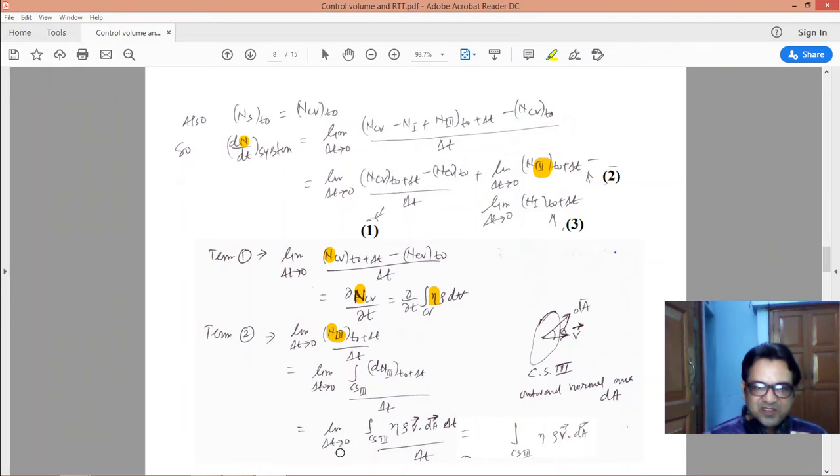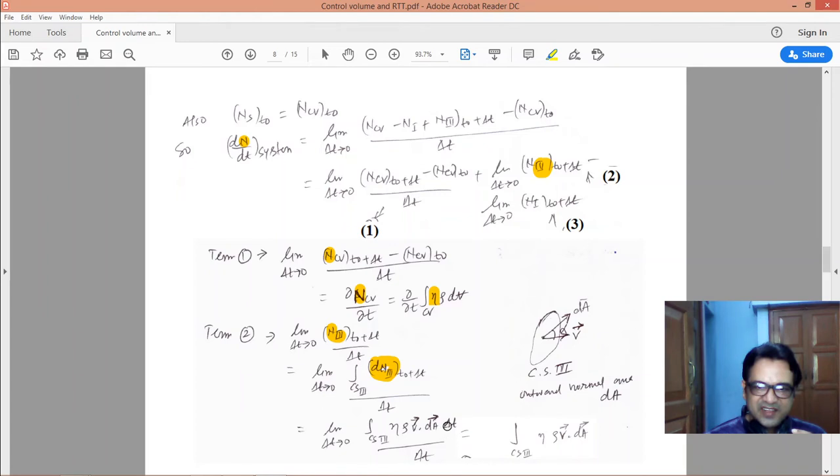So this limit becomes limit delta t tends to 0 of eta rho V dot dA delta t. How? Rho V into A gives you the mass flow rate, into time will be the mass flow. So mass flow into the intensive property will be what? It is the extensive property. So that's why we have written this.